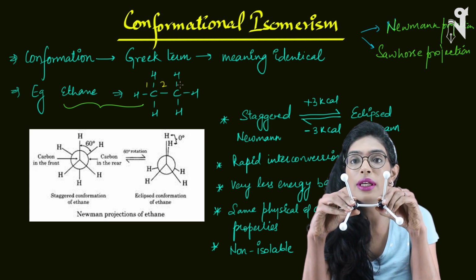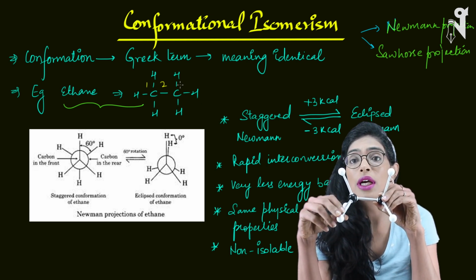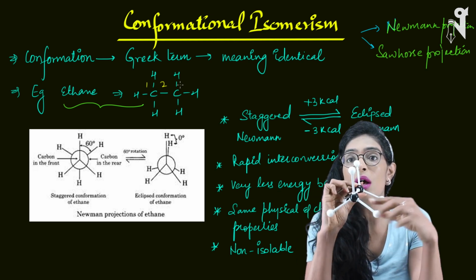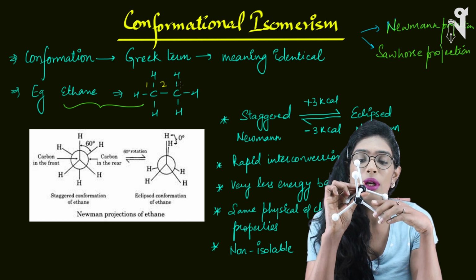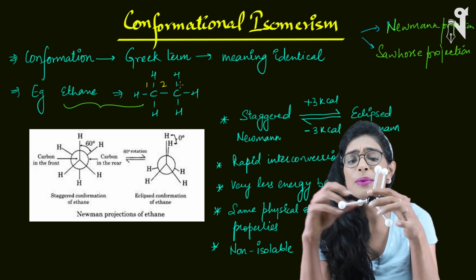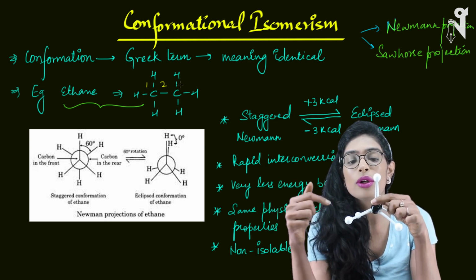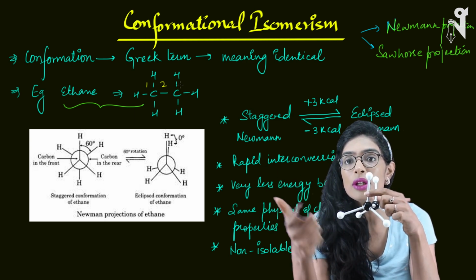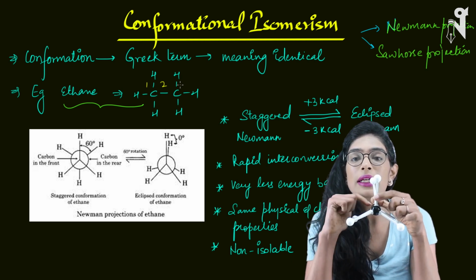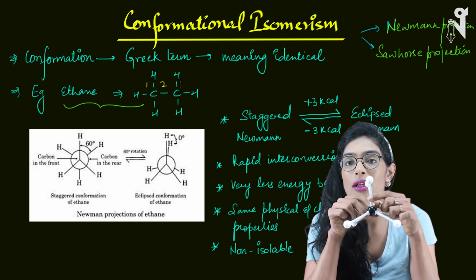That is how we generally talk about a molecule. But when you're talking about the Newman projection, you have to shift the molecule and look at it like this. Now you are the viewer and can see just one carbon, and the other carbon just next to it is hidden.